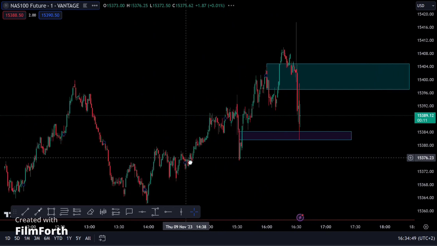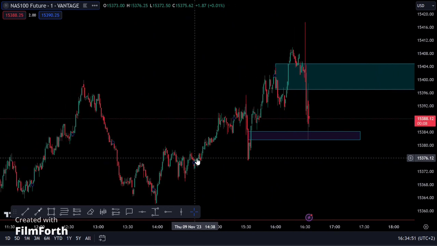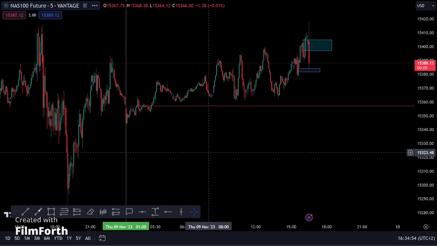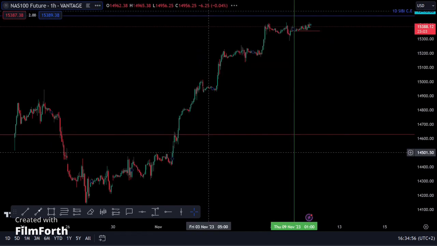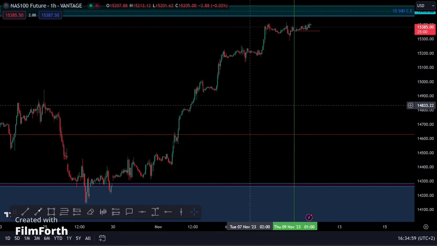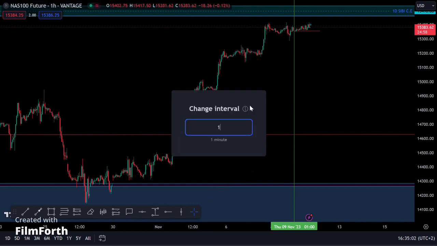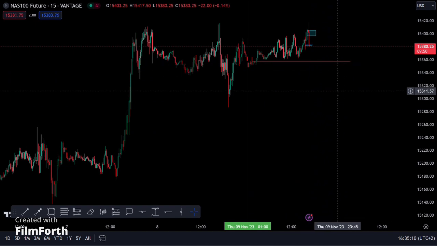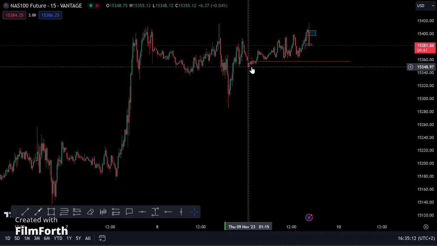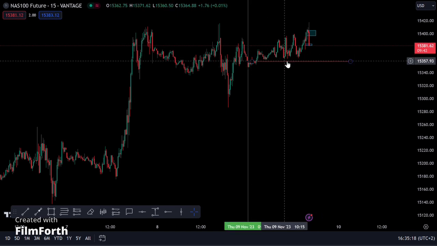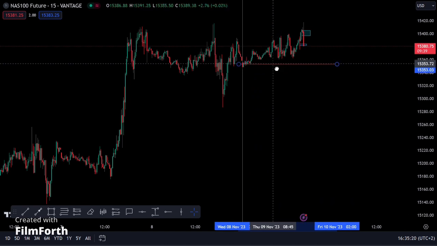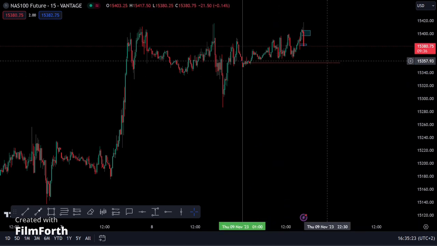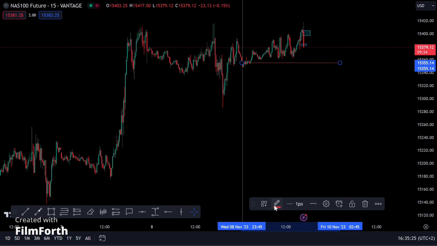Let me see something. Maybe on a higher time frame it's gonna give us something interesting. Let me go back to 15. It's passing. This is the true open of the market. No, the true open is actually down here. Which is interesting. Let's make this purple. This is the true open of the market.